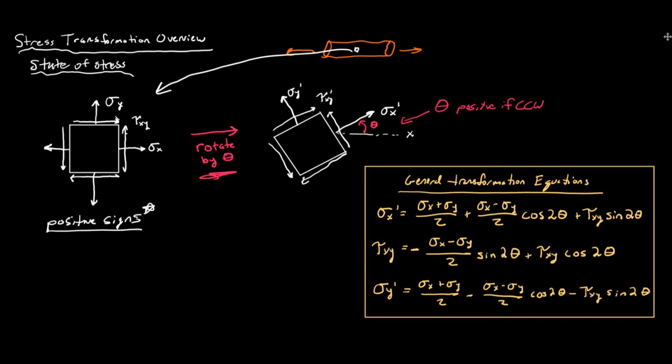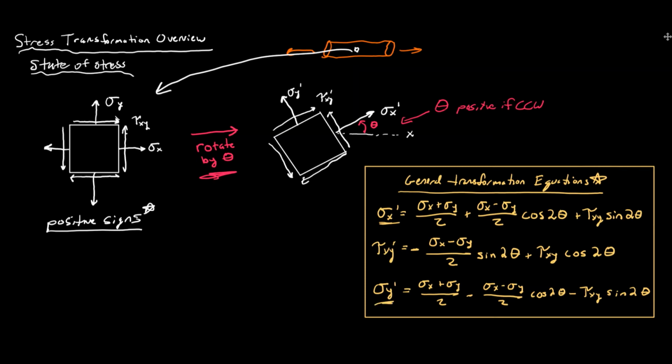So our general transformation equations are here. I wrote them out, and we can calculate, for example, our new normal stress in the x direction, that's going to be sigma x prime. Then tau xy prime can be this equation, and sigma y prime is going to be this equation on the bottom here.